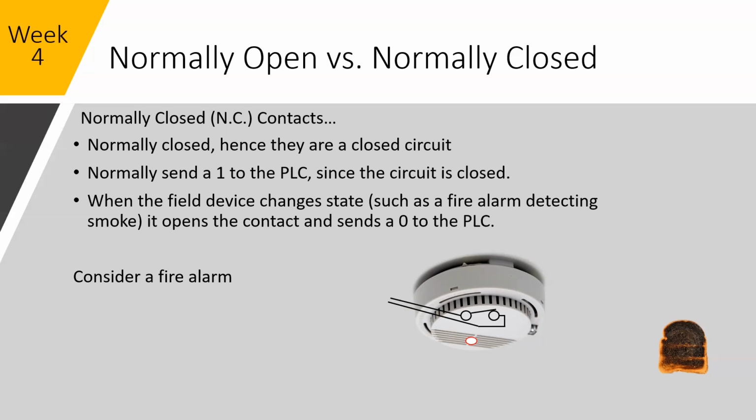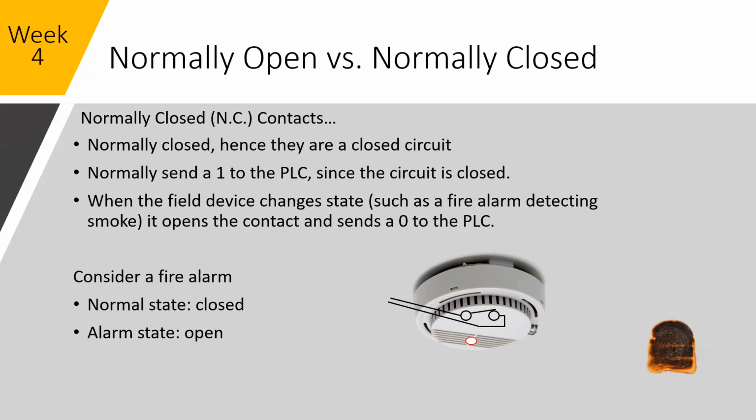So for this fire alarm, the normal state is closed, no smoke, no heat. The alarm state would be the open state. So the smoke moves towards the fire alarm, the signal would open up, the PLC would then see a transition from 1 to 0 or true to false, and then you'd issue your alarm.